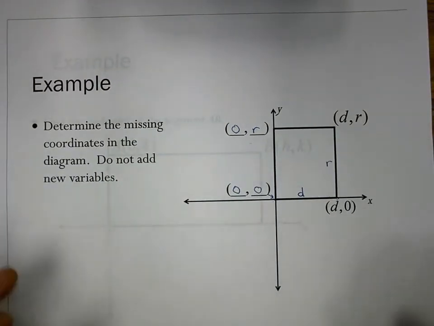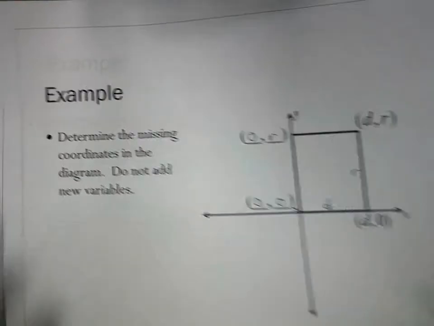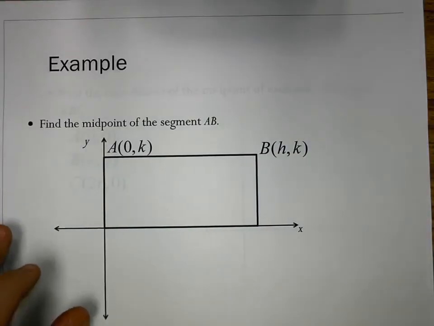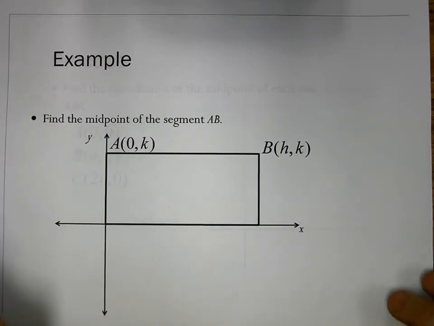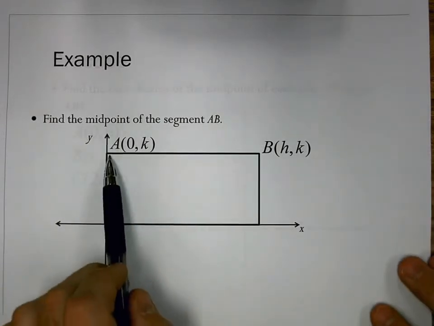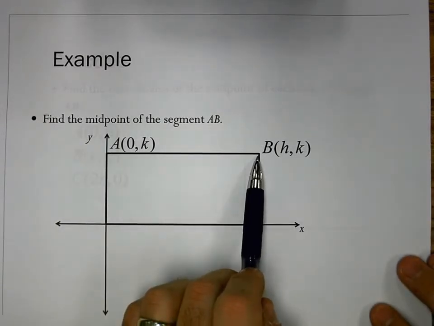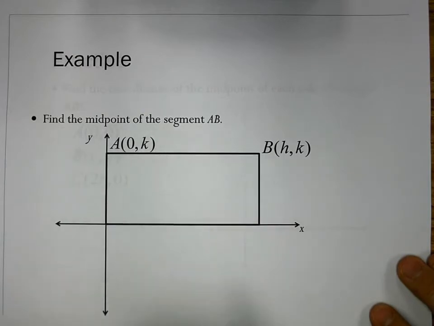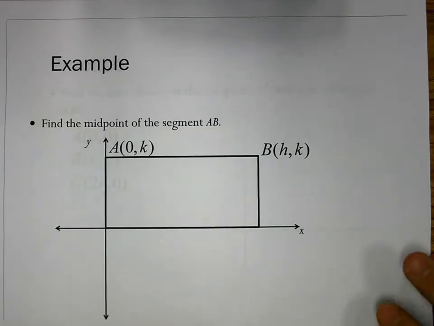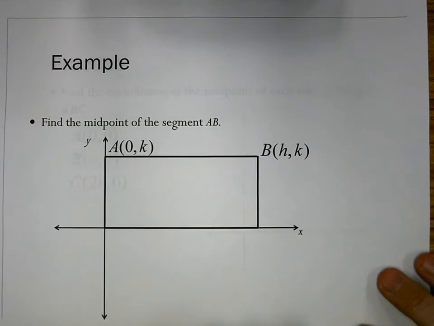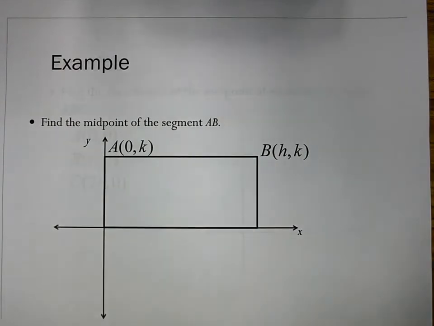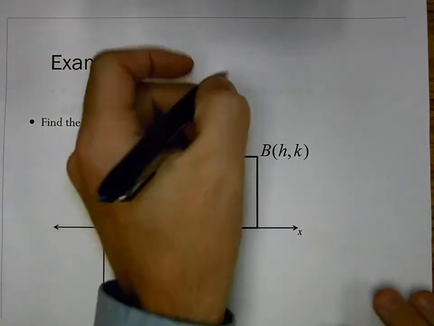Now let's look at one where we actually need to use it here. So we're actually going to look at the midpoint. This is our second example here. So we want to find the midpoint of segment AB. We have H, we have K, those are our values. We don't need to give them numbers because we're just assigning them variables. Now, of course, since we always remember the midpoint formula, let's just write it down.